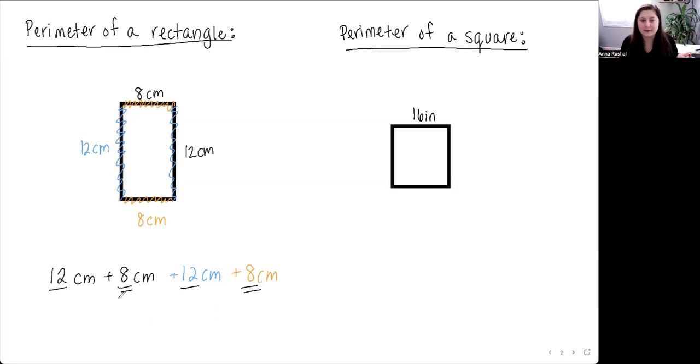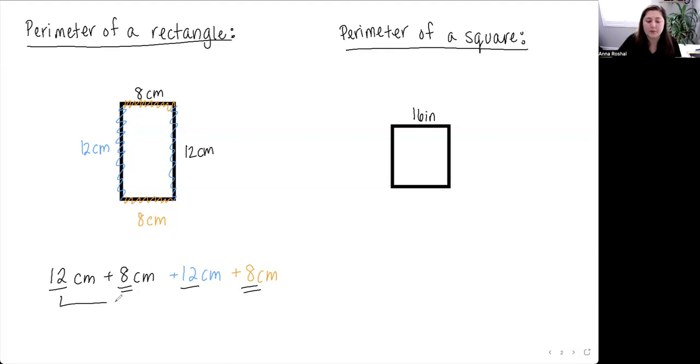One of the reasons why math is so fun and important is because we always have these patterns that we're looking for, right? And so as we find these patterns, what's going to happen is we're going to actually find these formulas, right? So in this case, one of the patterns that we found is when we're looking for the perimeter of a rectangle, we're going to have 2 of the same number and 2 of the same other number, right?